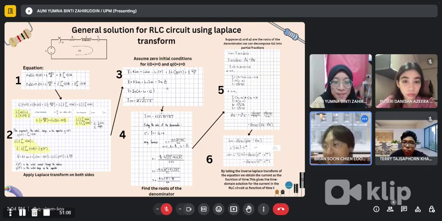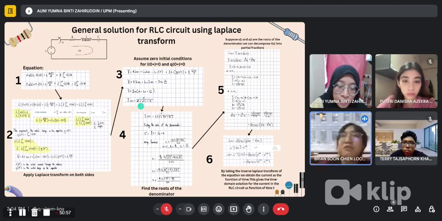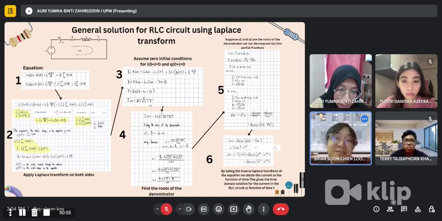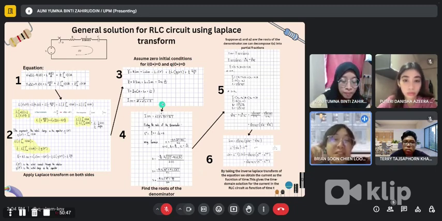And we factor it and make it simpler. We get this equation, and then we just move it, and the equation is I(S) equals V over S times (R plus SL plus 1 over CS). We can see that the denominator is like a quadratic equation.